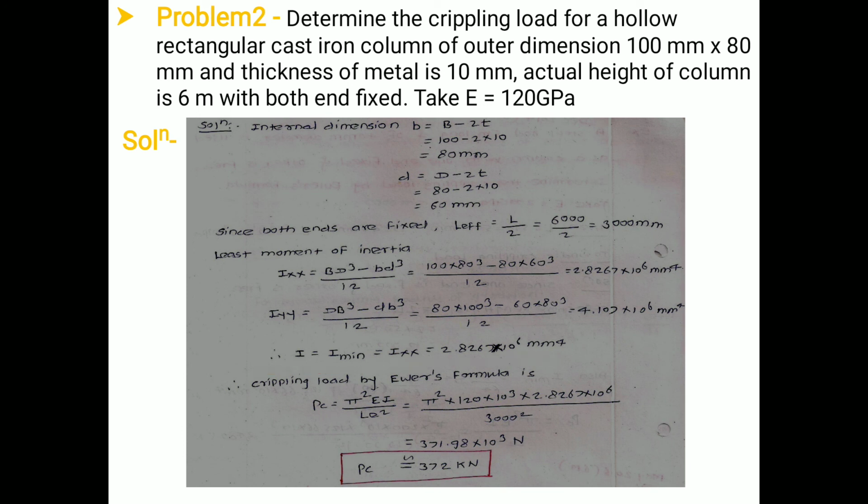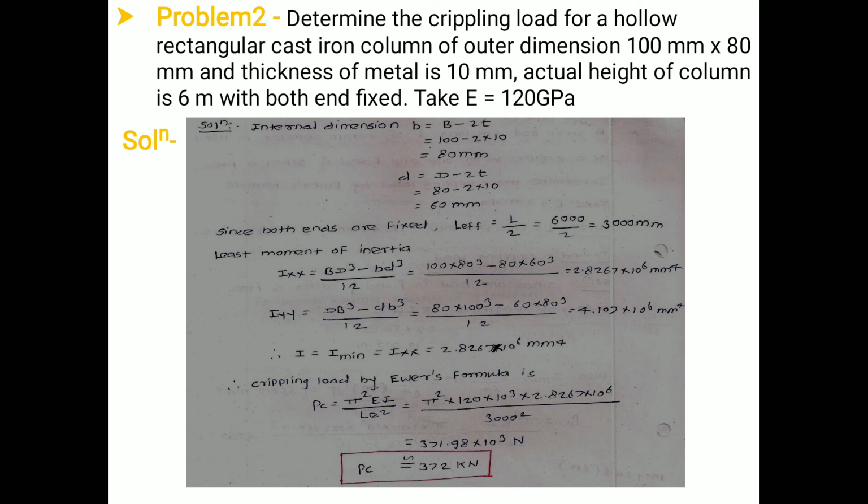So put the values of E, I and L effective square into this particular equation of crippling formula. We will have the final answer 372 kilonewton. Actually it is 371.98 kilonewton. So rounding it to the higher value, we will have 372 kilonewton.